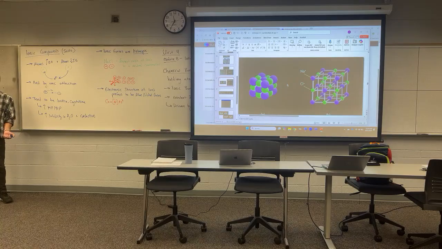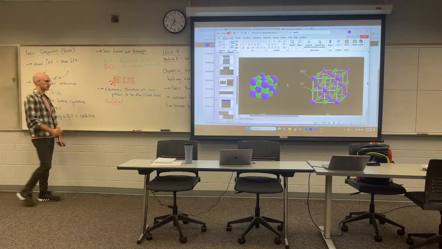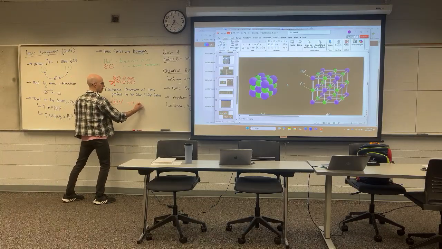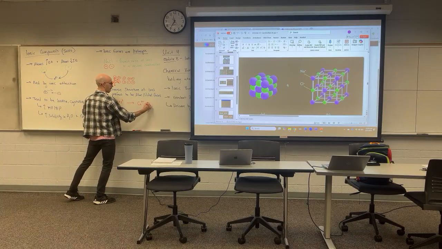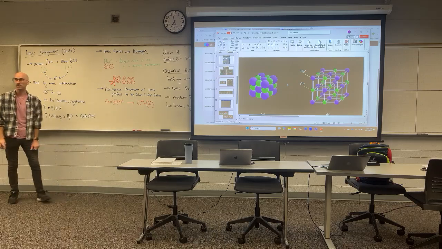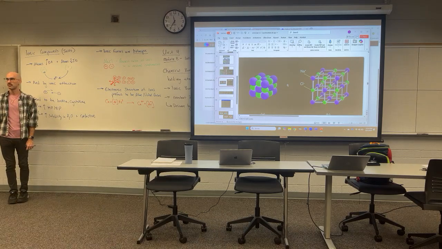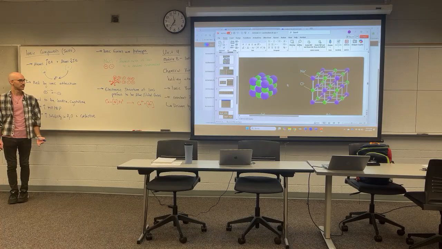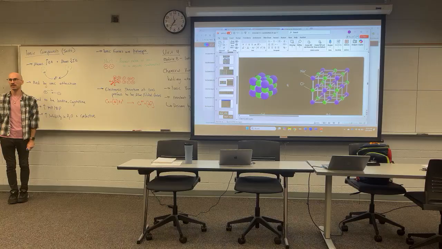What would you need to do to get calcium to just have a configuration of argon? Calcium 2 plus has an electron configuration of argon. It's isoelectronic.